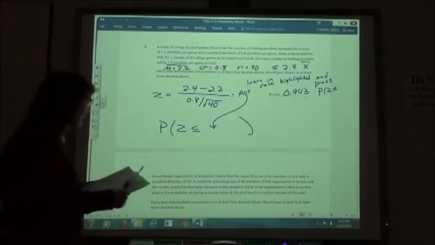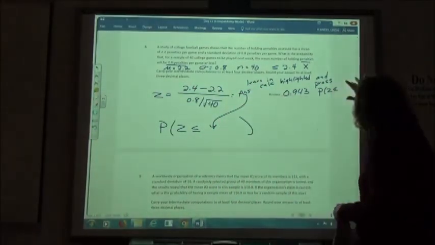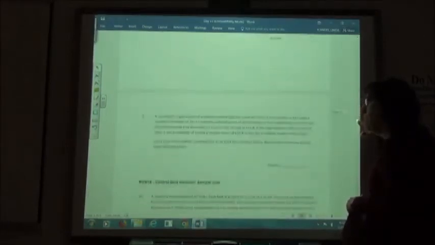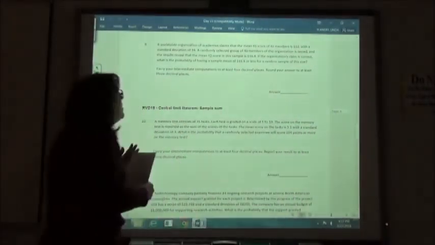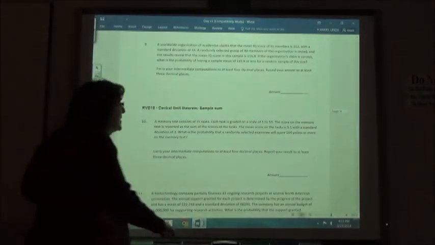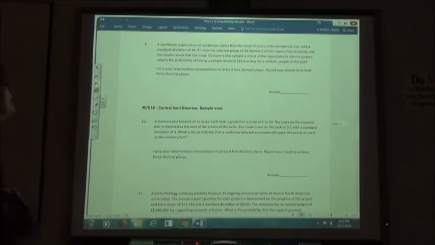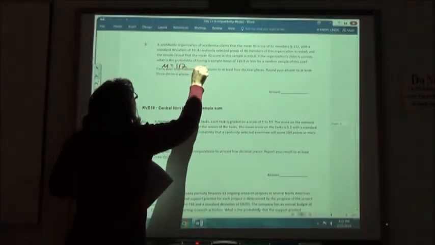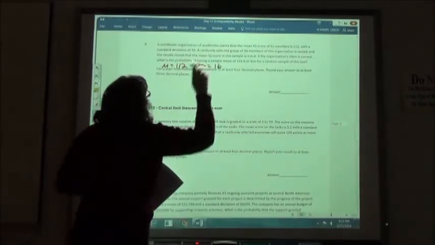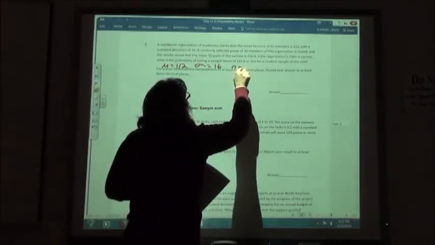All right, number 9, same kind of thing. A worldwide organization of academics claims that the mean IQ score of its members is 112, with a standard deviation of 16. So my mean is 112, my standard deviation is 16. A randomly selected group of 40, they must like to use n equals 40.